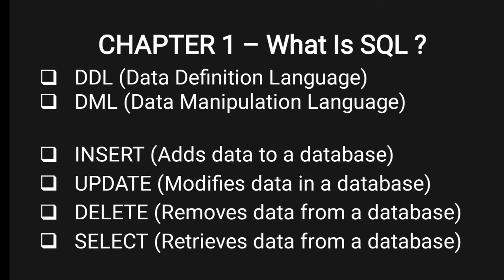The SQL language includes two distinct sets of commands. Data definition language, or DDL, is the subset of SQL used to define and modify various data structures, while data manipulation language, or DML, is the subset of SQL used to access and manipulate data contained within the data structures previously defined via DDL.